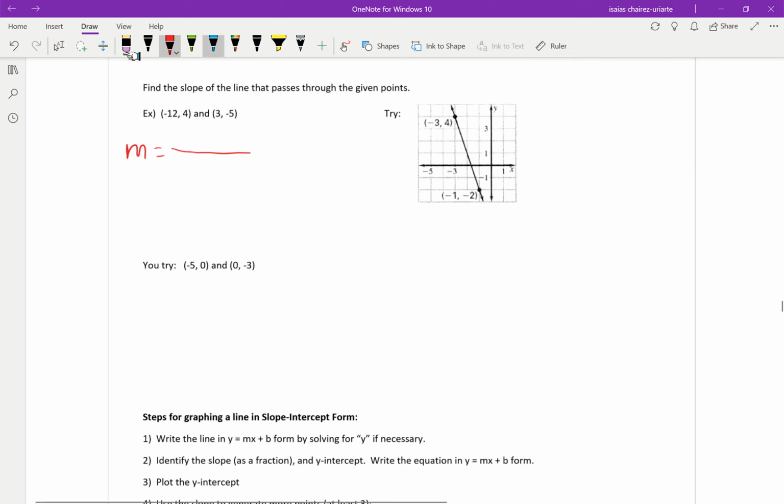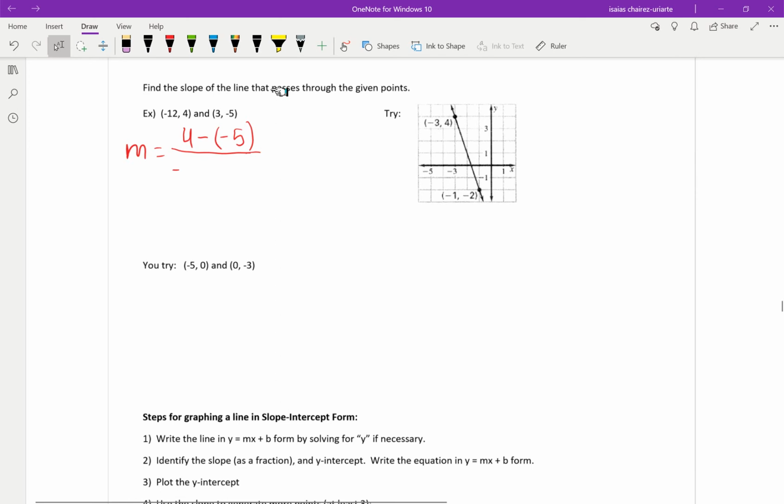I'm going to say 4 minus negative 5. But then I have to be consistent. If I chose this y coordinate minus this y coordinate, then I should choose this x coordinate, negative 12, minus this one, 3.